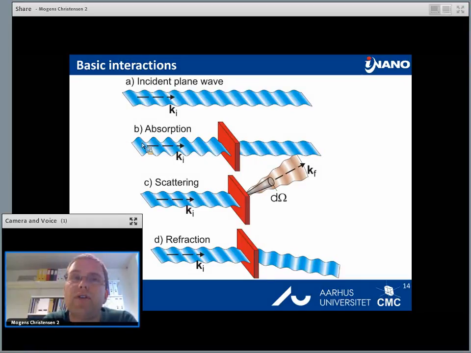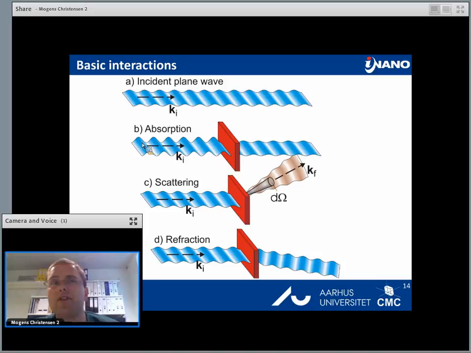If there is something in the way of the beam, it will get reduced when it comes to the other side. Another option is scattering. The beam hits the sample and then scatters out in a certain direction with a certain final wave vector, kf. The last thing is refraction, where you have a bending of the beam. This is, for instance, used in glasses that correct for near- and far-sightedness. The thing that we will discuss the most during these lectures is scattering.